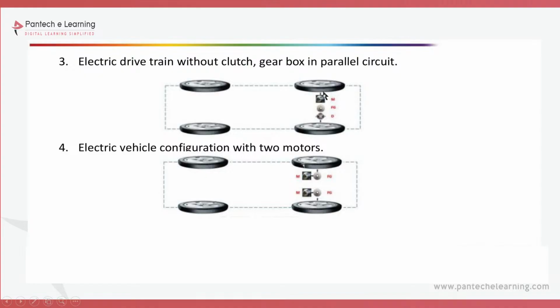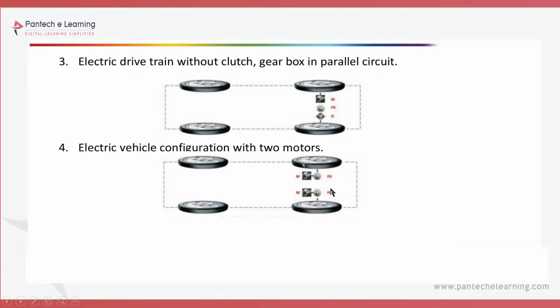Here there are two different motors, one for each wheel: motor, gear, wheel. It is very useful. In this type we have a Nissan electric vehicle; not exactly, but Nissan has one available with this model.